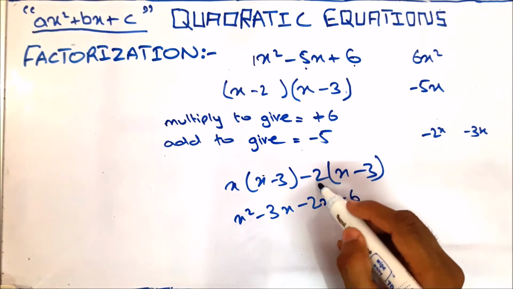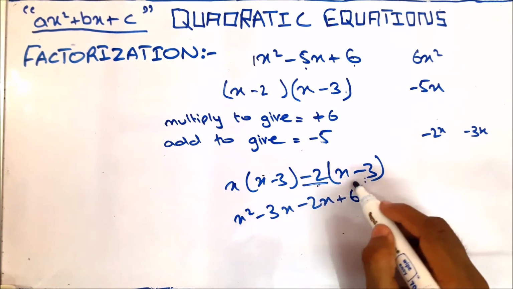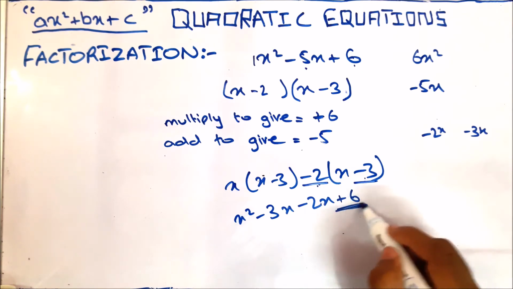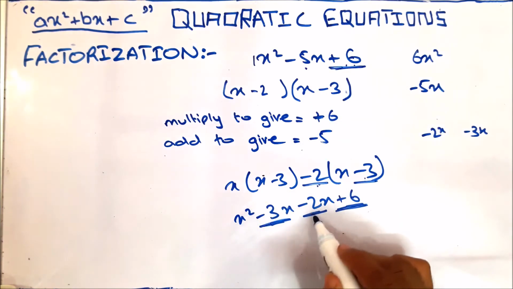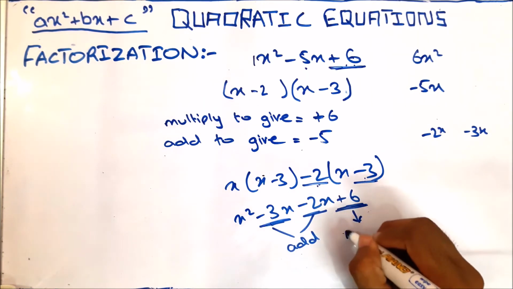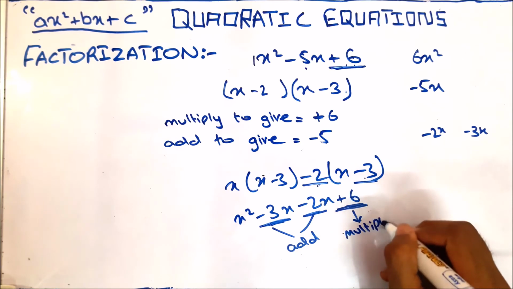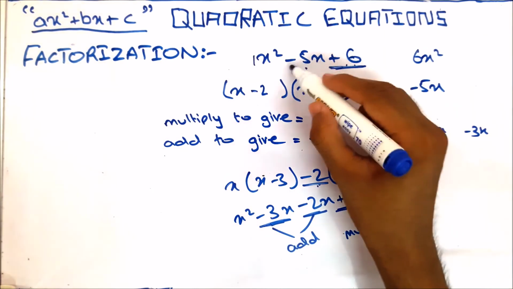You can see that I multiplied these two numbers, minus 2 with minus 3, to get this 6. Here we have this 6, and what we are doing is we are adding these two numbers, this and this, to get this minus 5x.